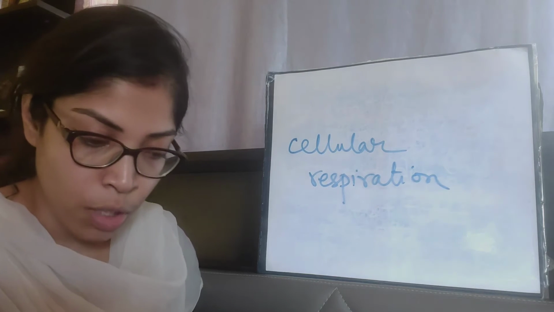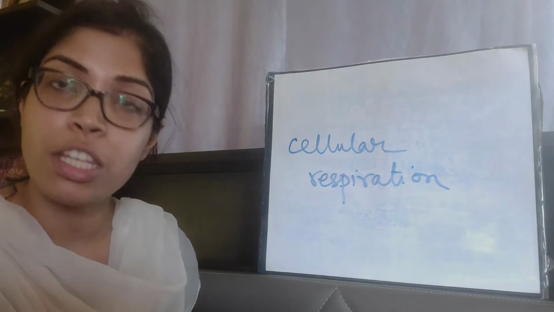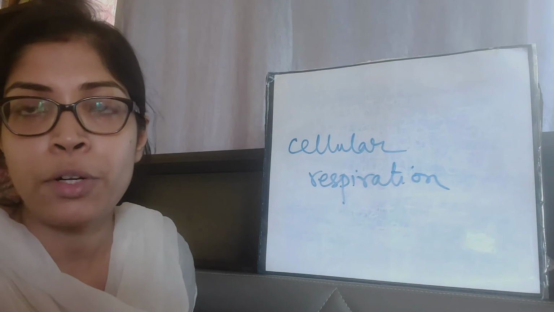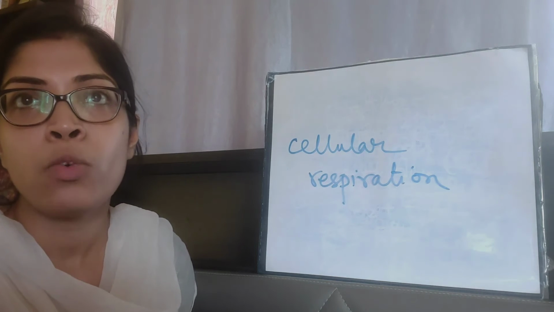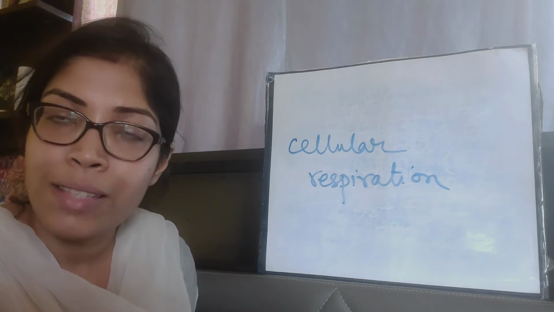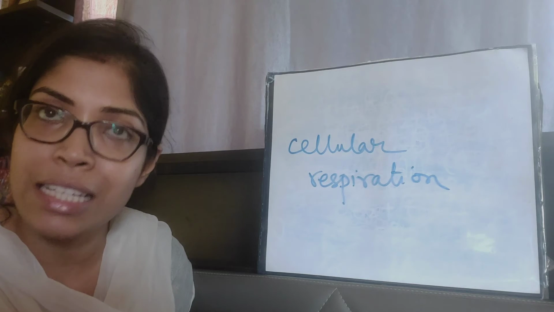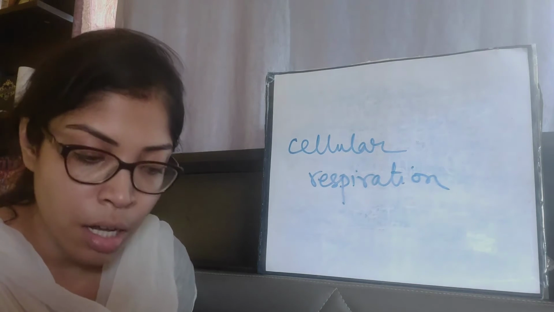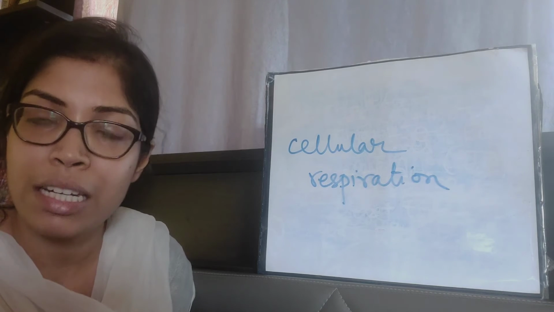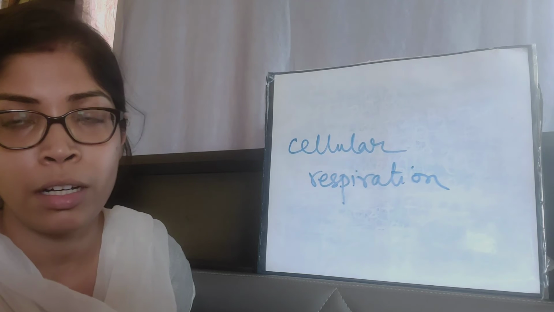Out of these two, only carbon dioxide is considered a waste product, as its accumulation in the body is harmful. So out of these two byproducts, only carbon dioxide is an excretory substance, and it is given out of the plant body, because if it is accumulated, it will cause harm to the body.